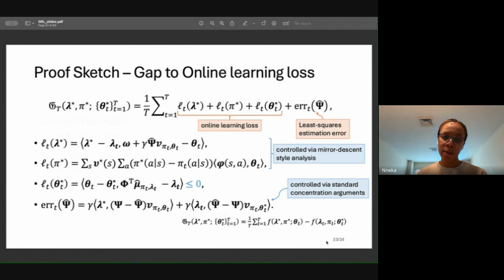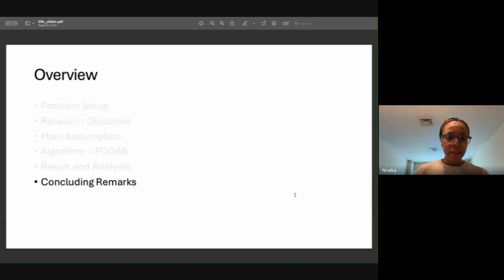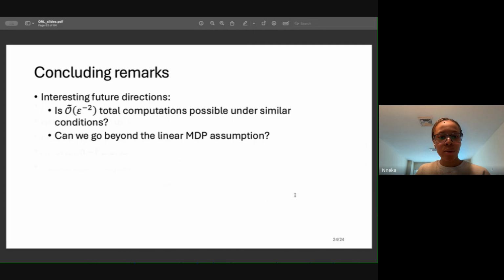Okay, so putting everything together and writing things in a nice way just gives us the desired bound that we had in our guarantee. And to conclude, so far we have developed a method for fully efficient offline reinforcement learning in linear MDPs, but there are some open questions which would be interesting for future work.